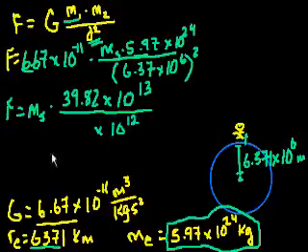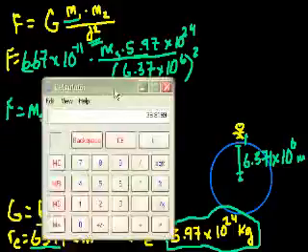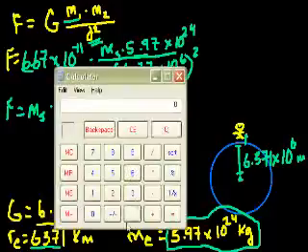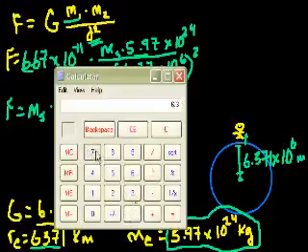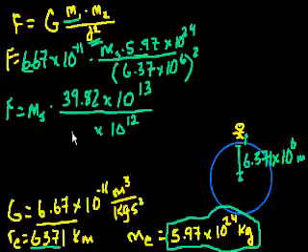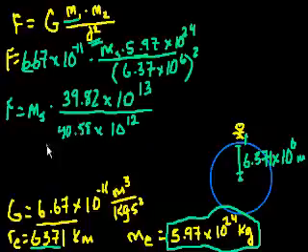10 to the 12th. So let's figure out what 6.37 squared is. This little calculator I have doesn't have squared, so I have to multiply 6.37 by itself. So it's 40.58.